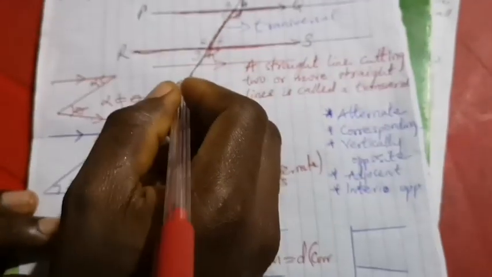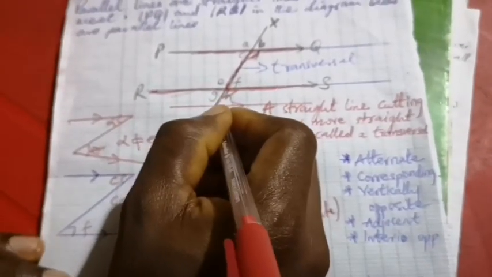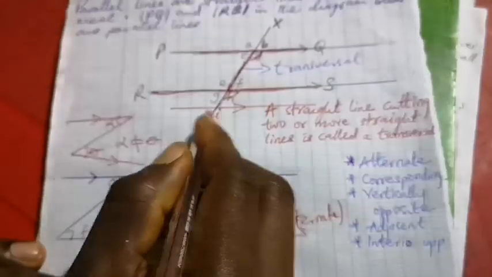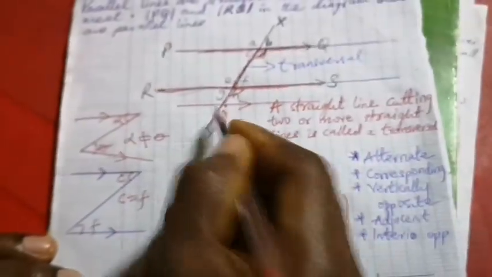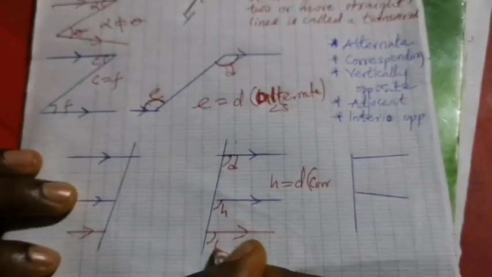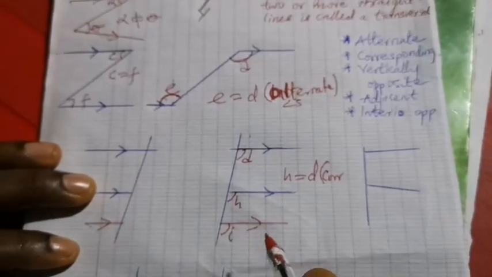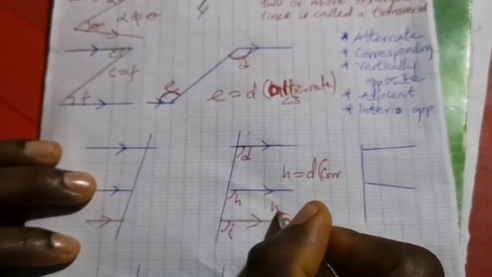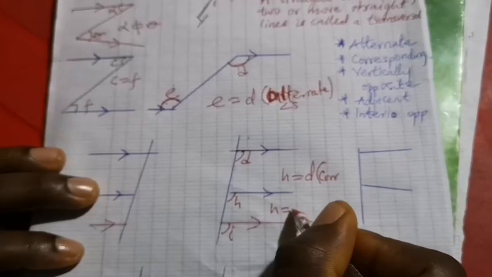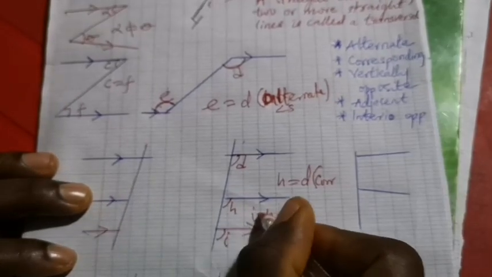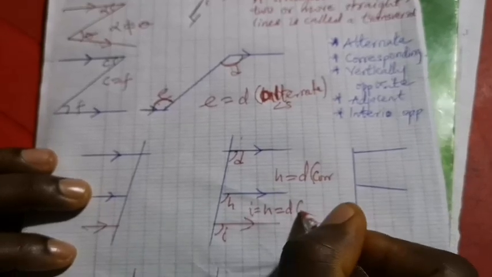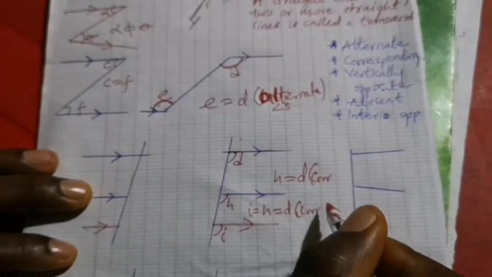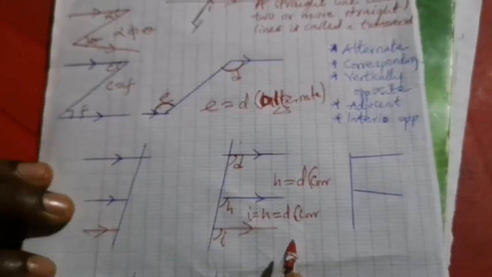Okay, now let me put an angle here, angle I, in this place. So I am looking at this line now. Now if I have angle I here, that means that this place will now be angle I. So that means that I is equal to H, and H is equal to D, and the same reason, corresponding angles, they are corresponding to each other. Okay, fine. Now let me come to this side.